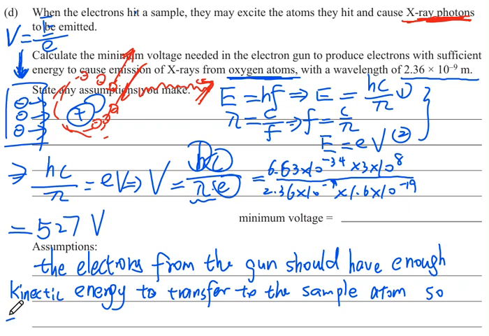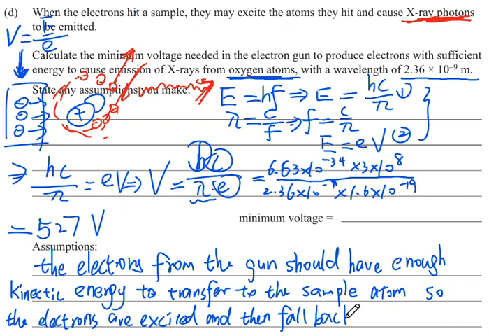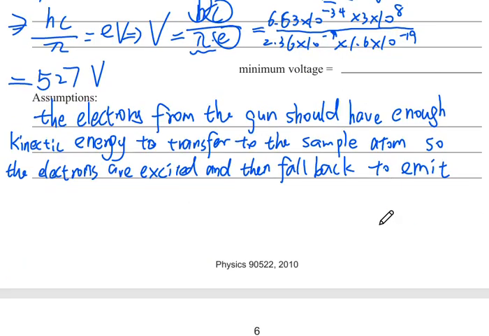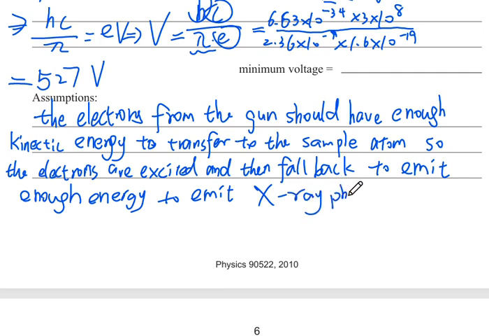So the electrons are excited and then fall back to emit enough energy to emit X-ray photons.